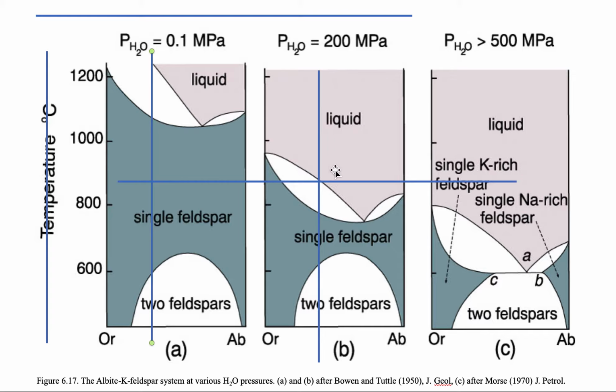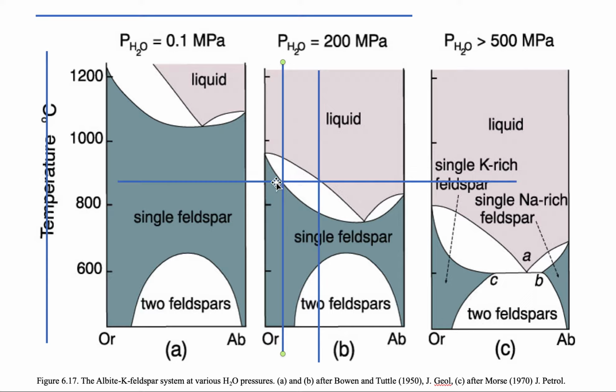So the liquid field expands, and the solid field of single and even 2 feldspars is contracted because the water is able to absorb the perturbations that we are exerting on the system by pushing more water against the boundaries of that system.